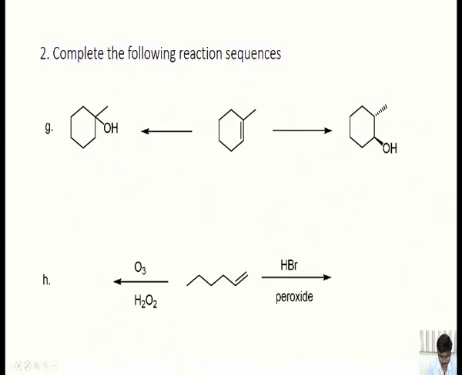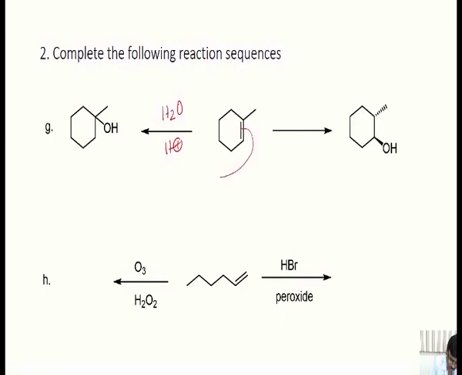Now, let us move to the hydration of alkene. When you react methyl cyclohexene with water in the presence of acid, you will be able to form the tertiary alcohol.